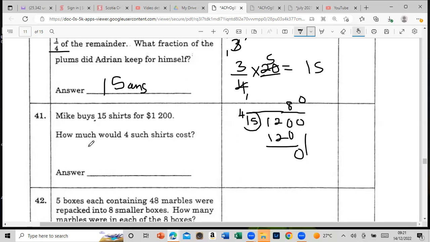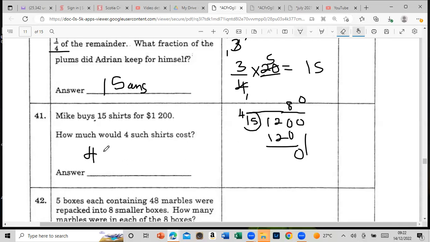And how many do we want? It's 4 times 80. Sorry, guys. Sometimes my mind runs away. So it's 4 times 8 because it's $80 for one shirt.